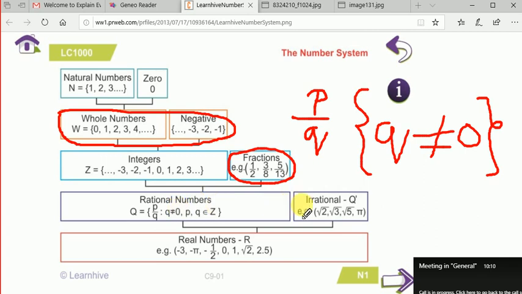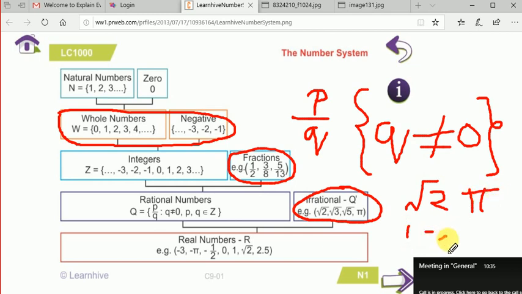After this, we have irrational numbers. Irrational numbers you will study in class 9th, but still all the numbers which cannot be written in p by q, they are like numbers which are under root 2, under root 3, under root 4, under root 5, value of pi, okay, 1 minus under root 2, all such numbers are irrational. Now why are they irrational?